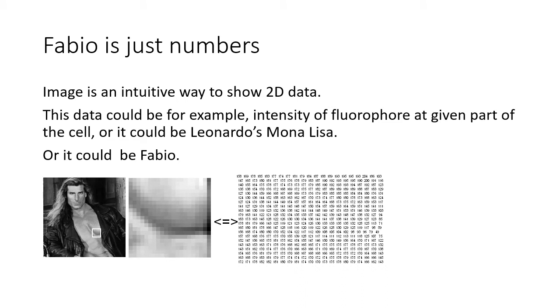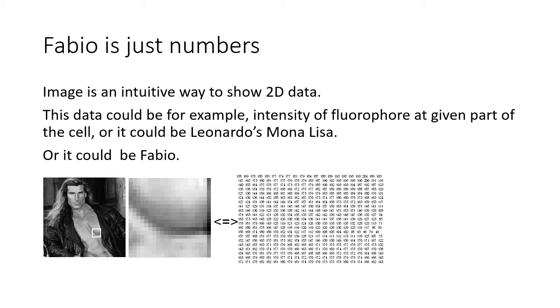Image is an intuitive way to show two-dimensional data. The data could be, for example, intensity of a fluorophore for a given part of the cell, or this data could be Leonardo's Mona Lisa, or this data could be Fabio.